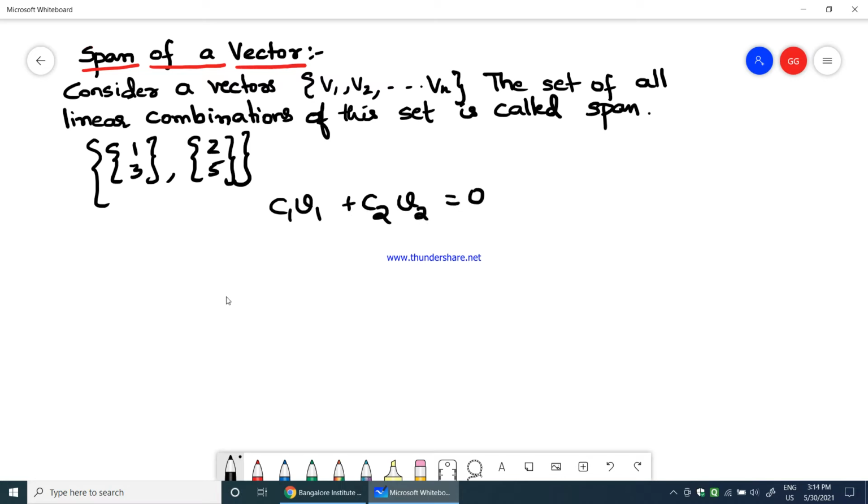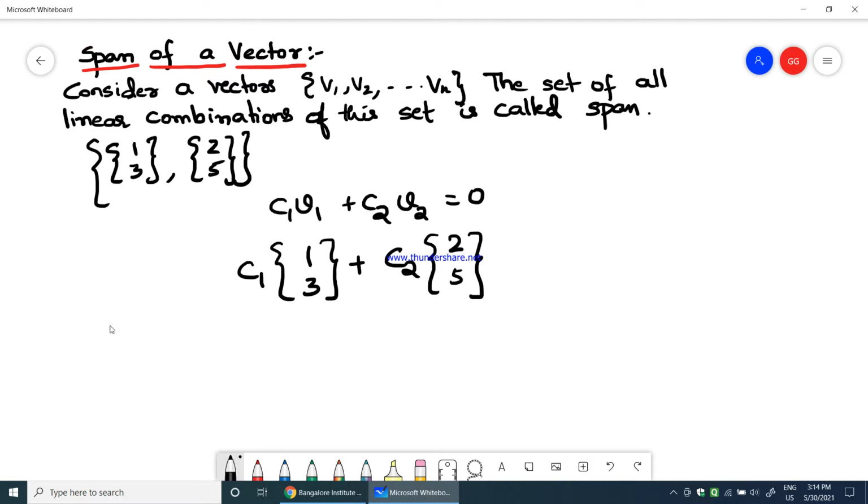Here we have c1 times (1, 3) plus c2 times (2, 5). The span of the vectors (1, 3) and (2, 5) is completely dependent on the values that we choose for c1 and c2.